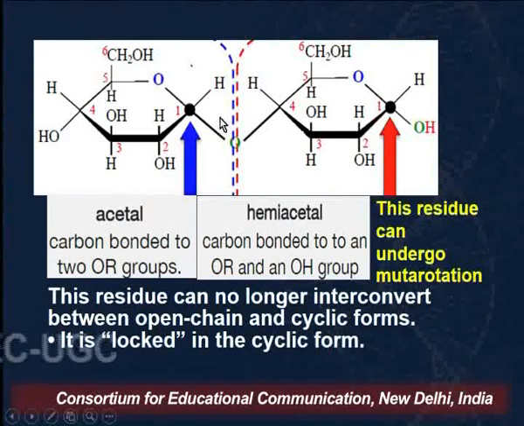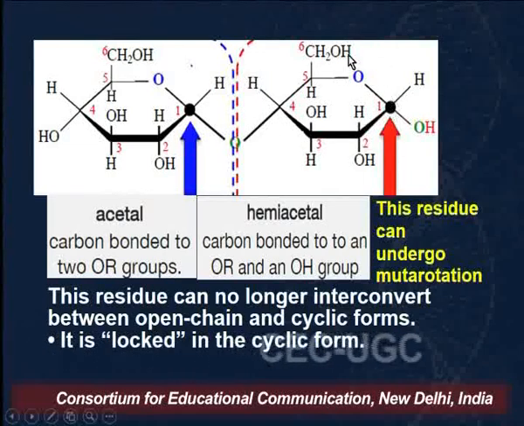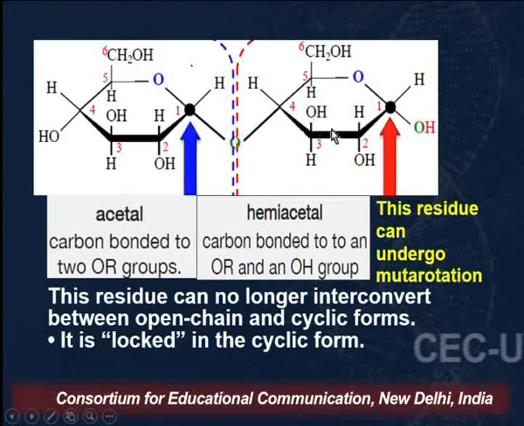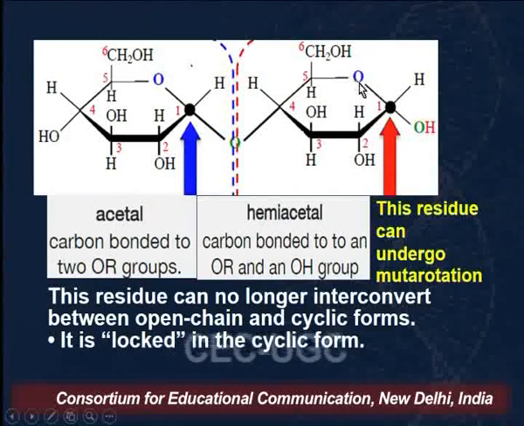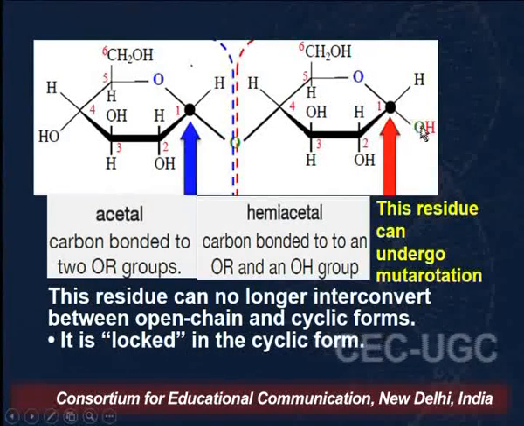But nevertheless, the second unit of maltose, which is again alpha-D glucose, is the hemiacetal unit, because here this carbon is attached to an ether group and it is again attached to an OH group.